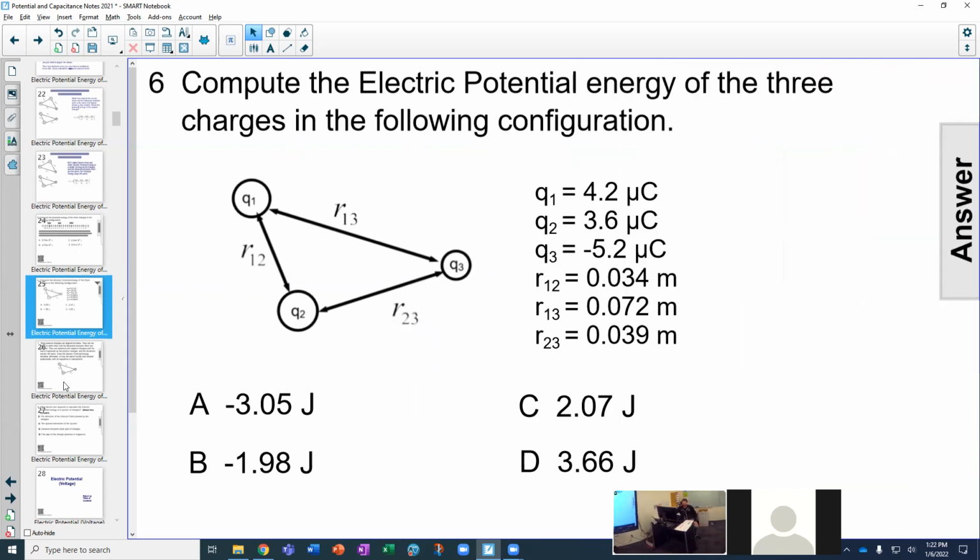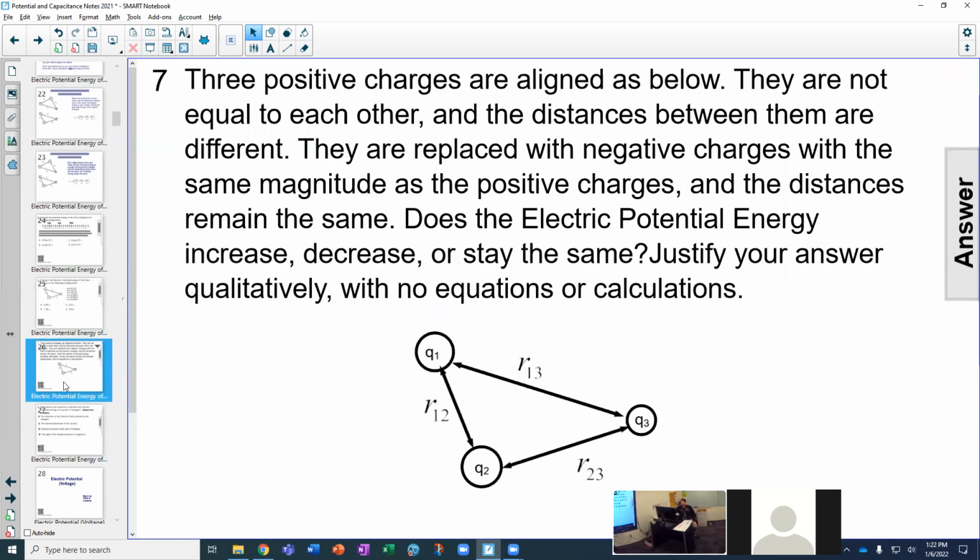All right, more of a conceptual problem here. Three positive charges are aligned as seen below. They are not equal to each other, and the distances between them are different. They are replaced with negative charges with the same magnitude as the positive charges, and the distances remain the same.